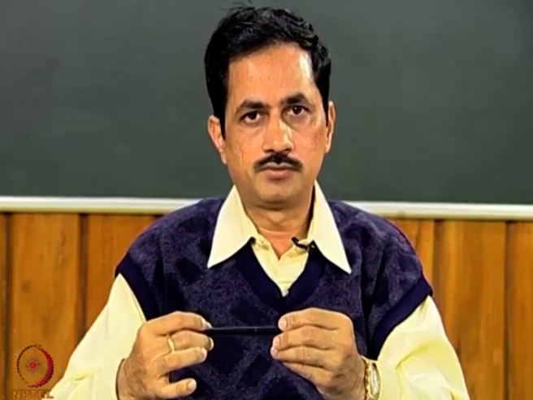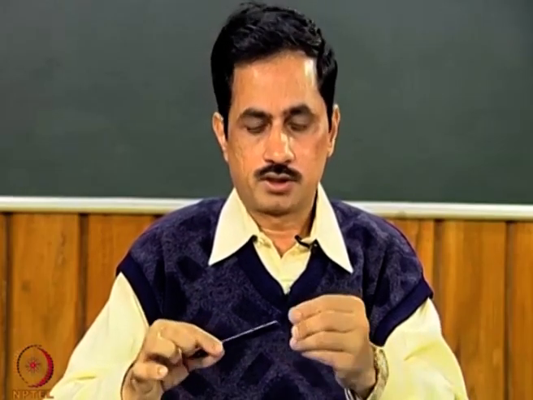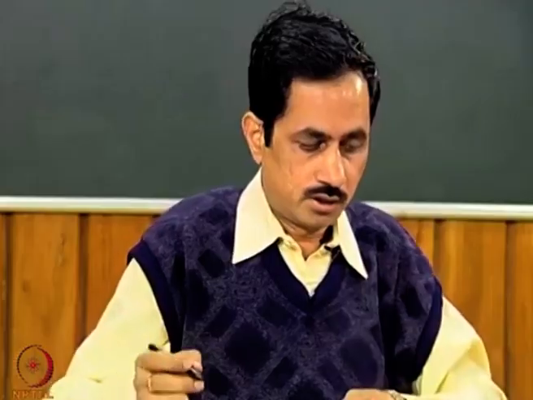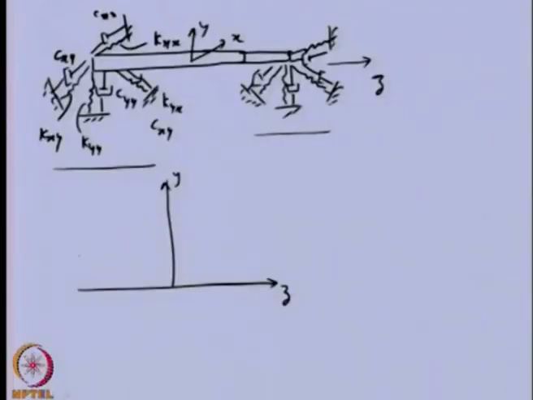With that assumption we are analyzing this, so I am giving a pure translatory motion, a displacement in the y direction, and we expect because of this there will be displacement in the x direction also, in the other orthogonal plane.